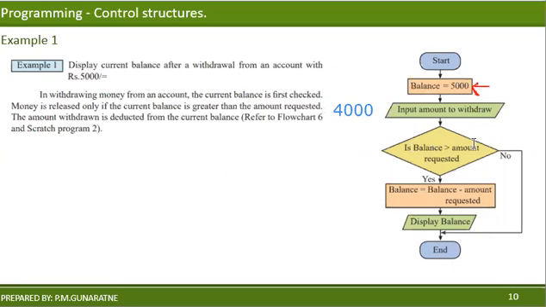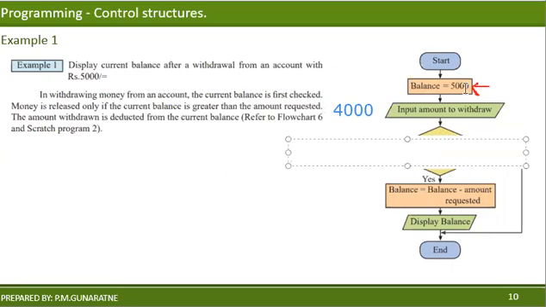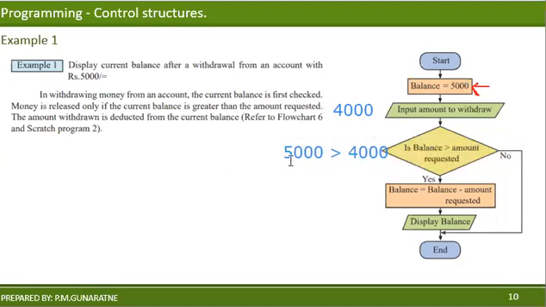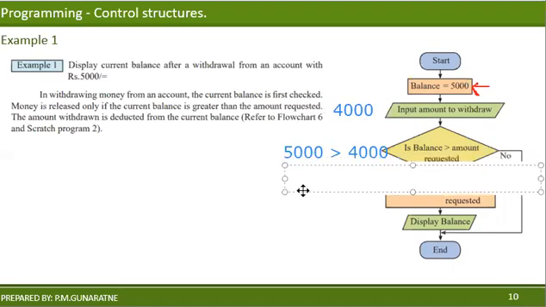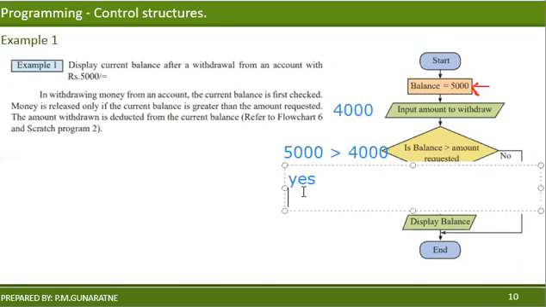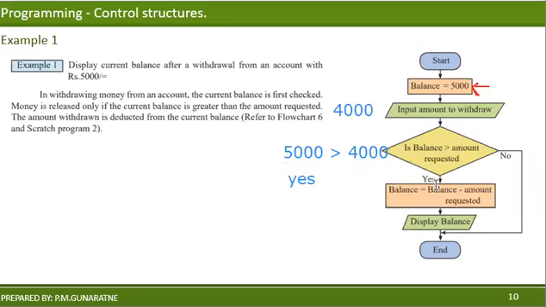Then if the balance is greater than the amount, what is the balance? Balance here is 5,000. Then 5,000 greater than 4,000, this condition will be evaluated. What is the answer? According to maths, it is yes. Then it will follow this path.